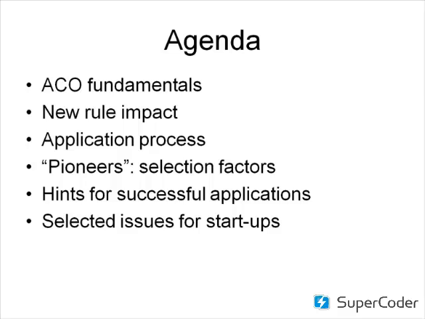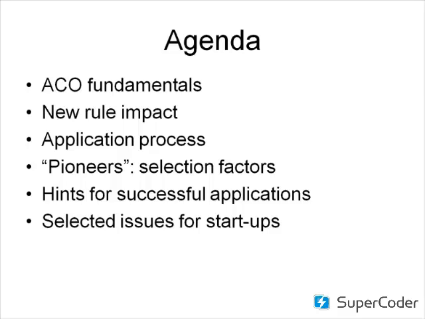And kind of understanding how those factors might be apropos to someone who's now just going to go for basic ACO status, not a pioneer, but going for the basic category, the basic label.